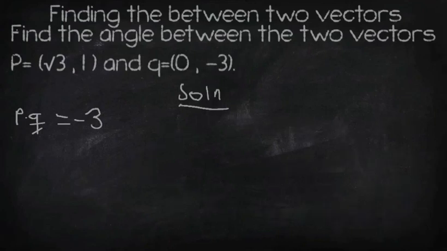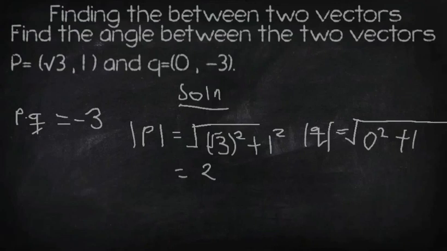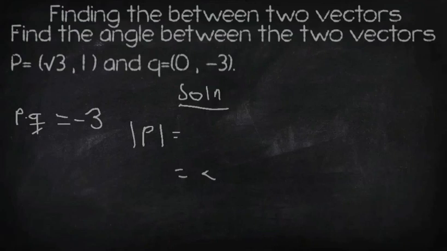Also, let's find the absolute value of p. The absolute value of p is equal to the root of the first digit, the x digit squared, plus the second digit squared. We did the same for q, the absolute value, with -3 squared, and we had 3. Let's move on.